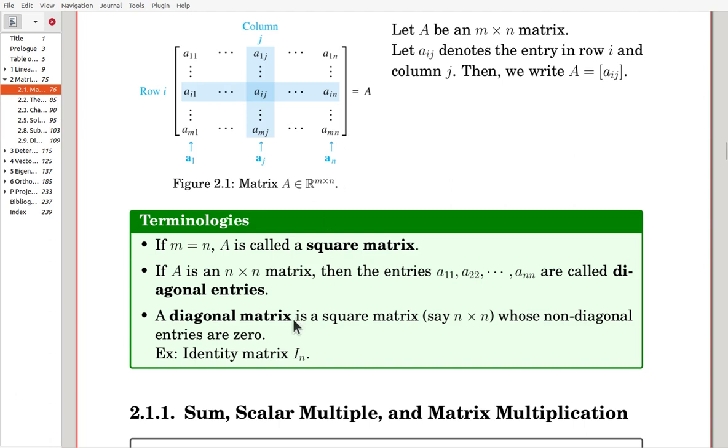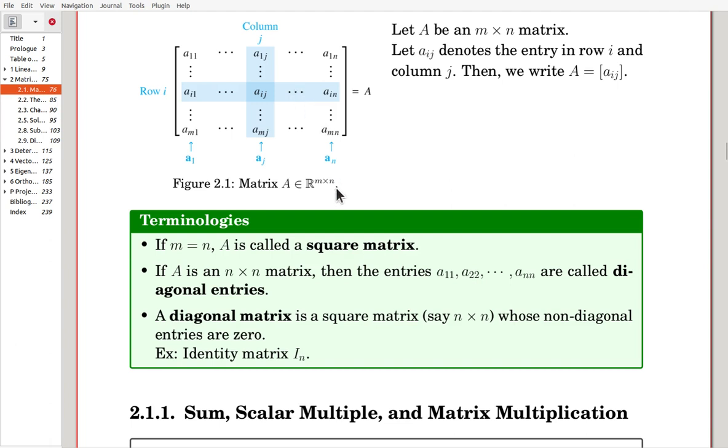A diagonal matrix is a square matrix whose non-diagonal entries are zero. That means that except the diagonal entries, everything else is zero. Then we call the matrix a diagonal matrix. For example, the identity matrix is a diagonal matrix.